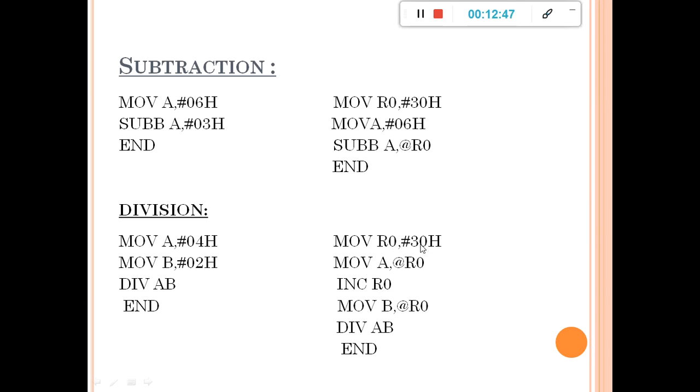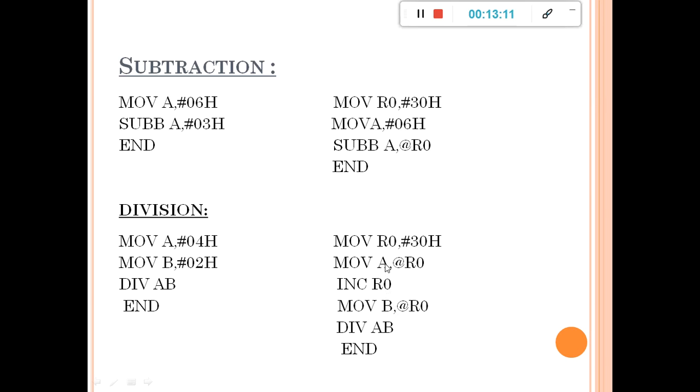Initially R0 is pointing to the 30th address, and I took that data into the accumulator. After executing INC R0, R0 is incremented by 1, so 30 plus 1 means now it is 31. So R0 is pointing to the 31st address, and that data is moved to the B register.